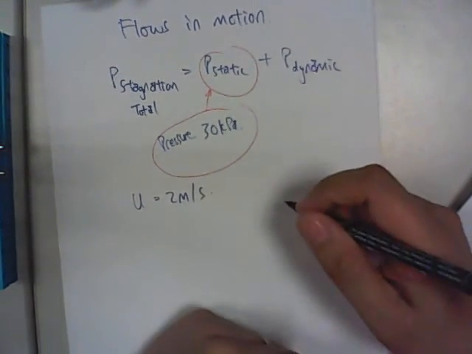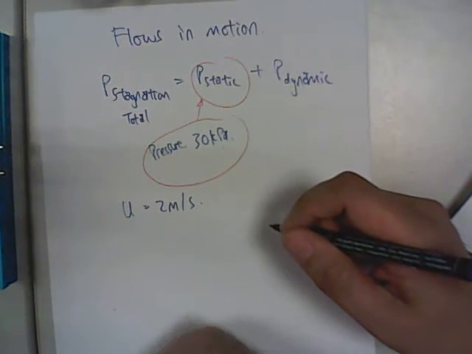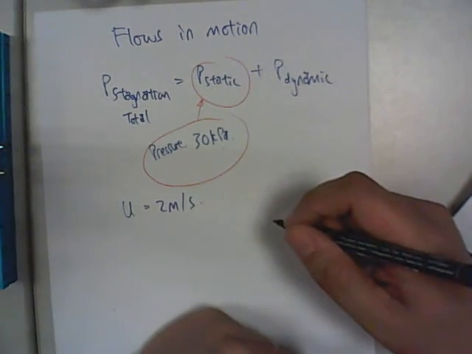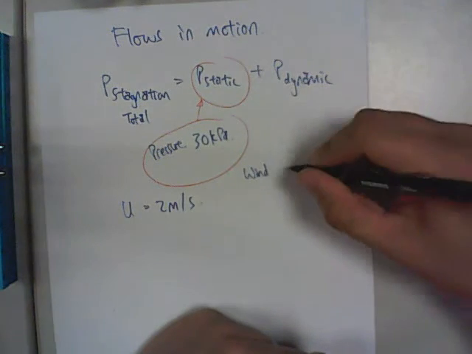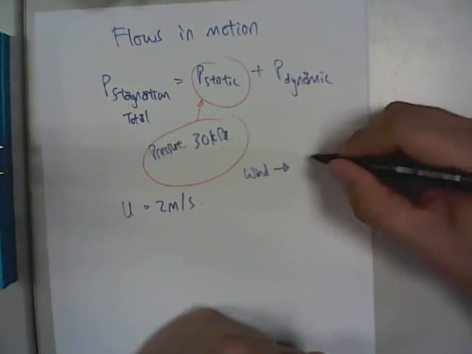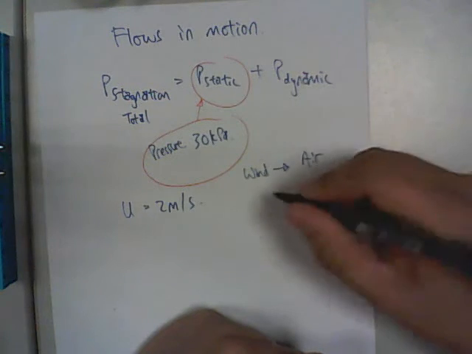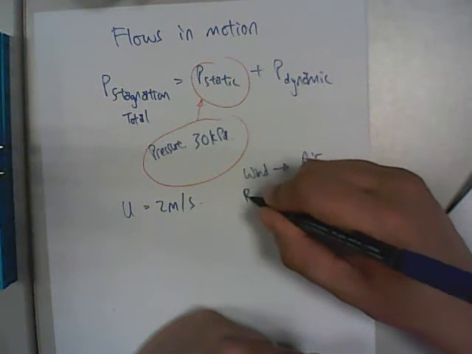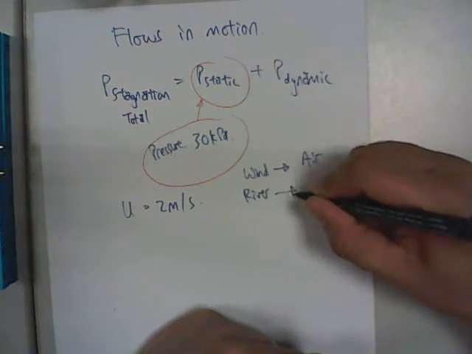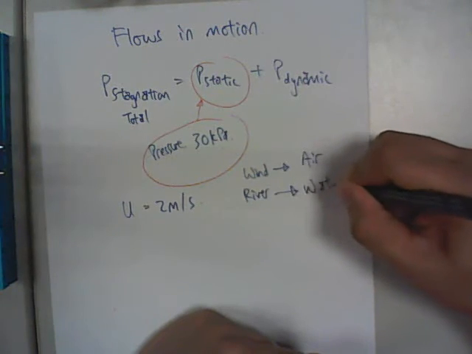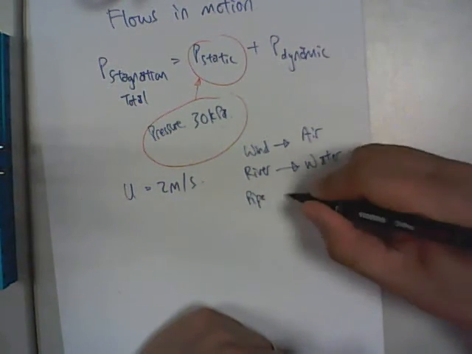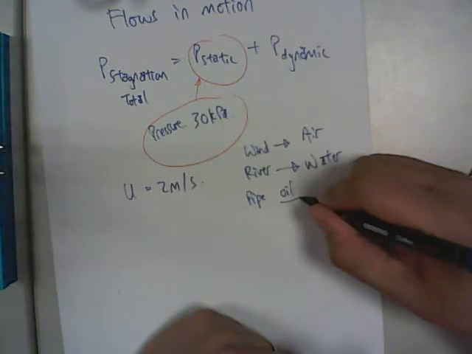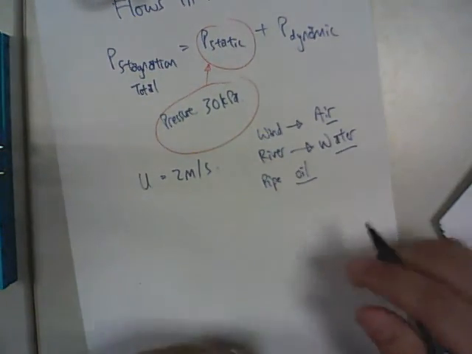You need to know what kind of fluid the flow is. If it is wind, then the fluid is air. If it is a river, then the fluid of course is water. Sometimes pipe flow will involve oil. So it really depends on what fluid you're talking about.